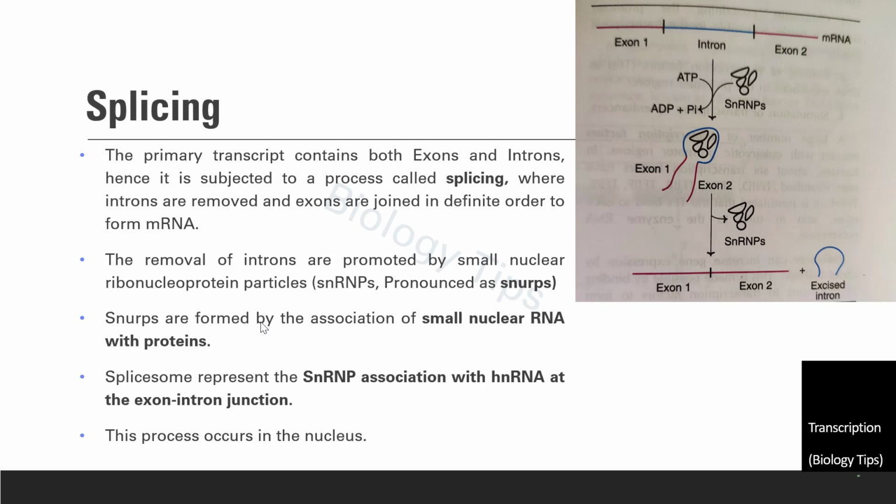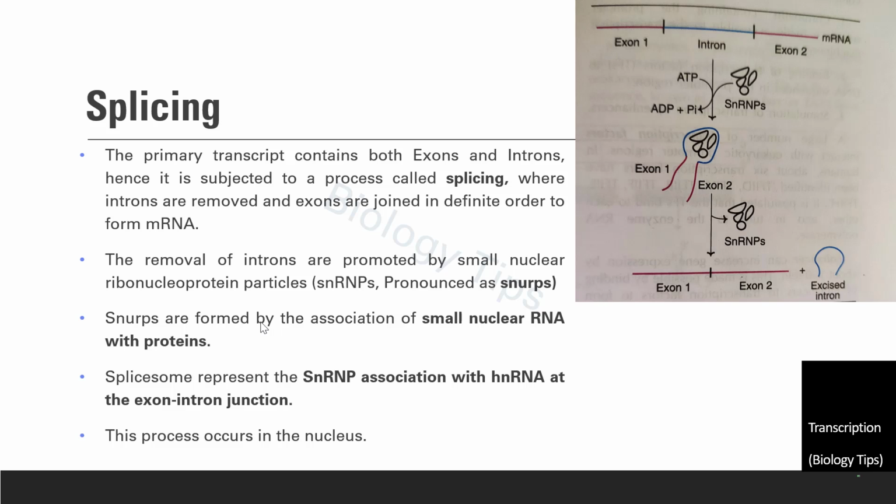Moving on to the next section, we are going to see what is meant by splicing. Splicing is a process by which we make the mature RNA, because the primary transcript which is formed after transcription has introns. So we call it the hnRNA or the heterogeneous nuclear RNA, right?